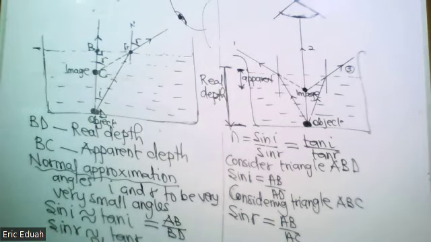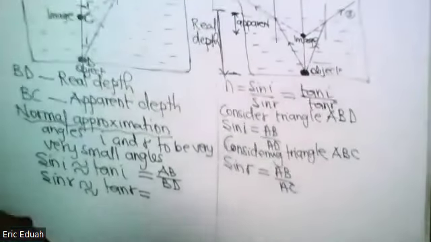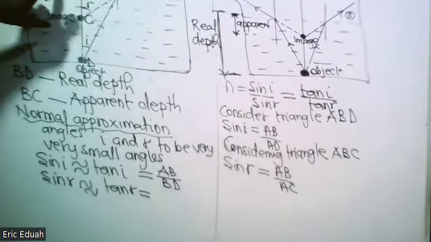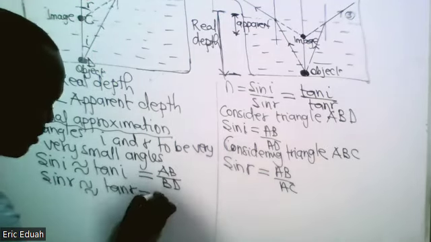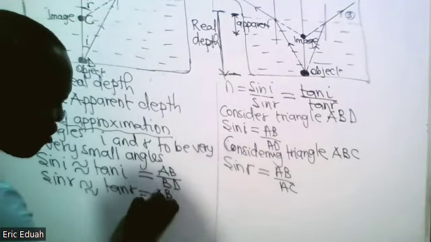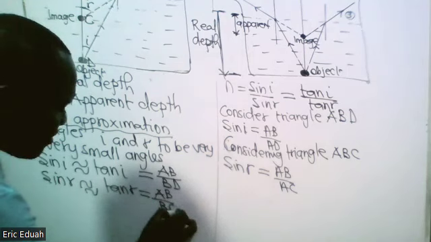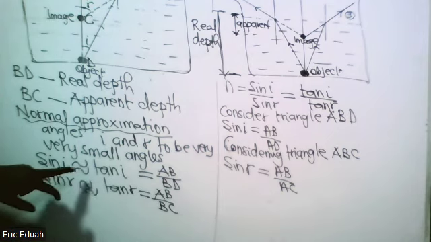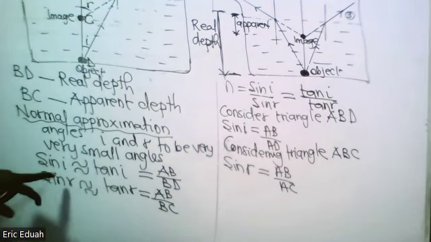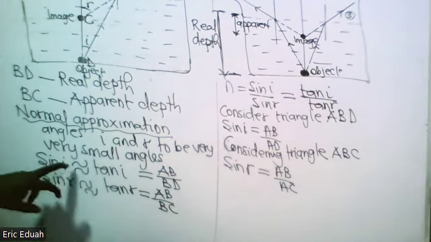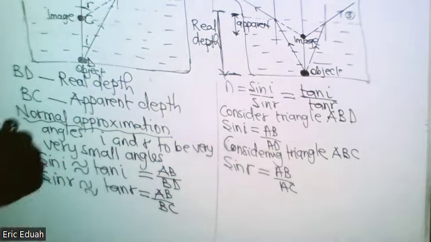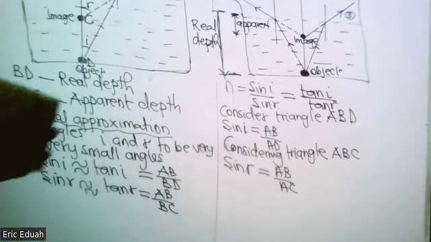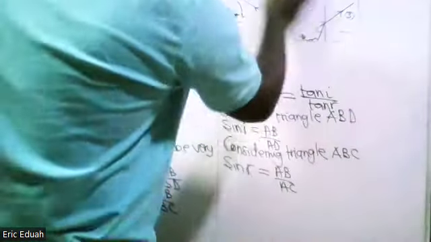Then tan R will also be AB over BC. AB over BC. So by normal approximation, we are equating tan I and tan R for these two, meaning there. Let me clear this diagram.